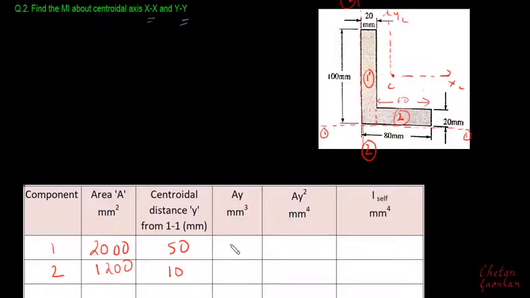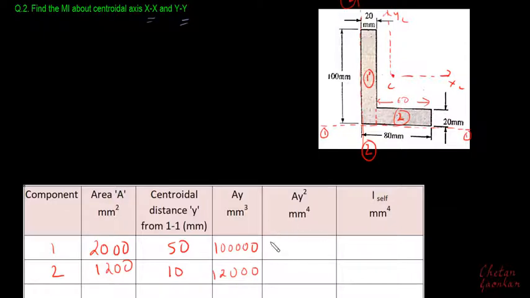Hence a into y, this area multiplied by centroidal distance y, will give us 100,000 for the first. Similarly, a2 multiplied by y2 will be 1200 times 10, which is 12,000.